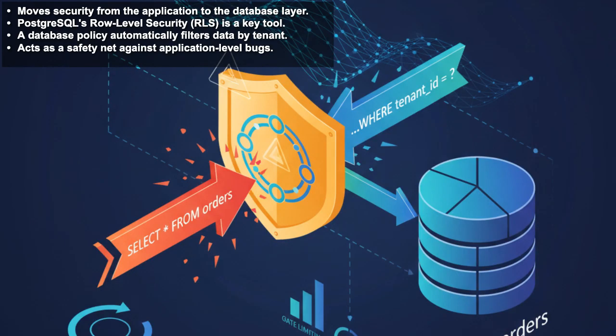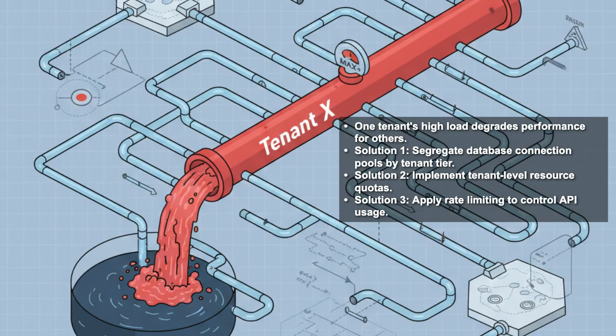The most common and resource-efficient pattern is the shared database shared schema model. Here, every tenant's data resides in the same set of tables, and we rely on a tenant ID column to distinguish between them. In this approach, every single database query written in the application code must include a WHERE tenant_id equals clause.